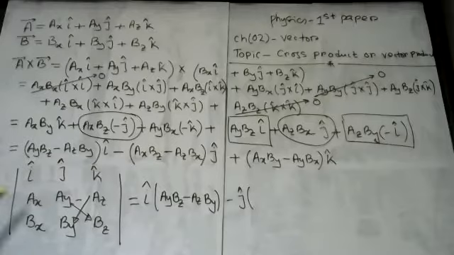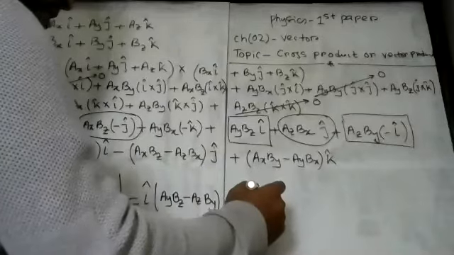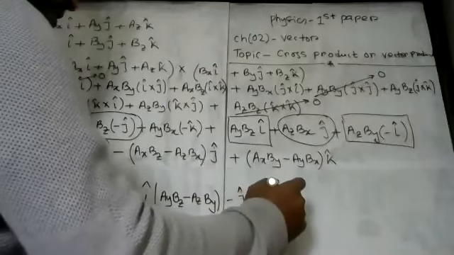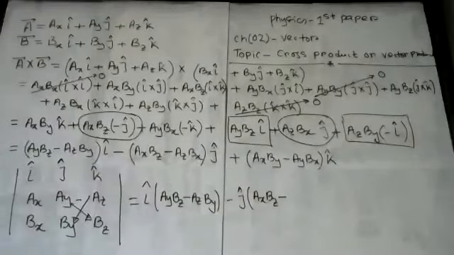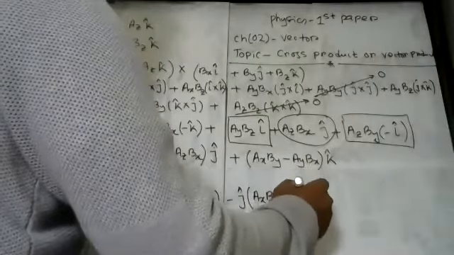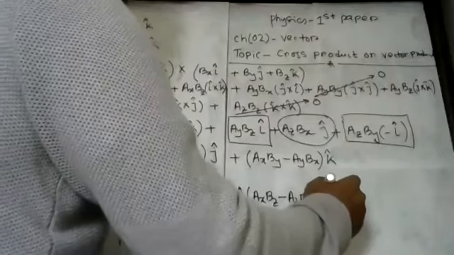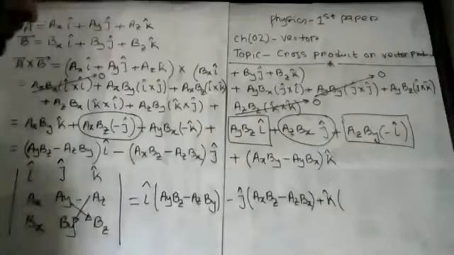So the product is ax bz, minus az bx. It becomes az and then bx. Then the last one is k hat.